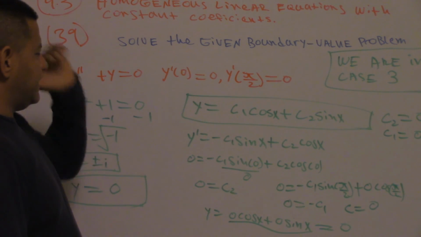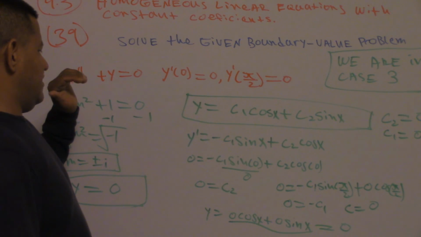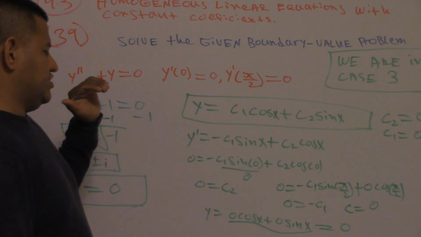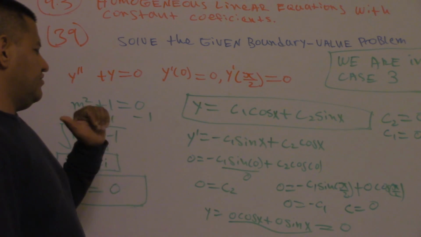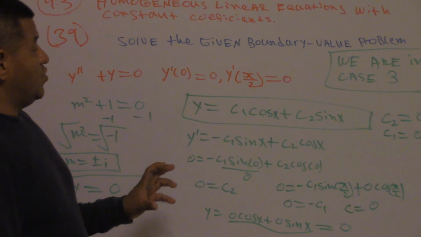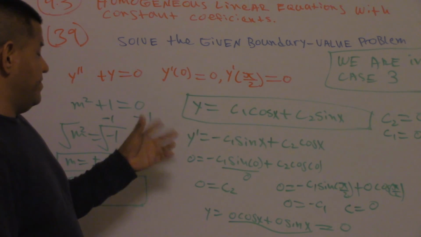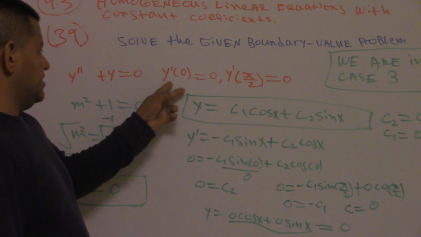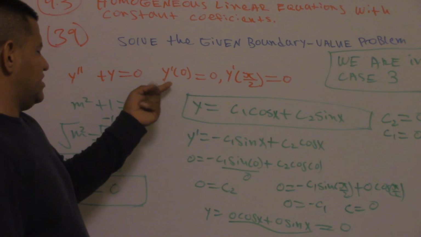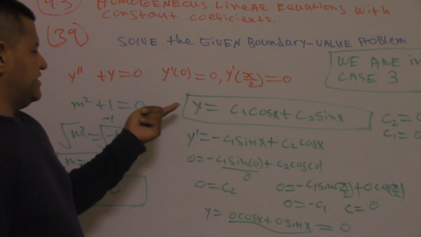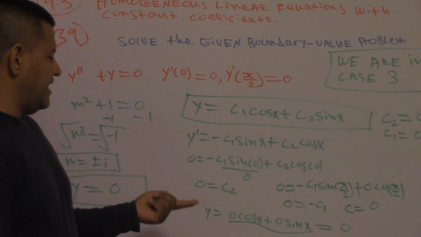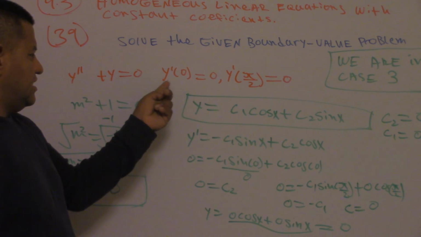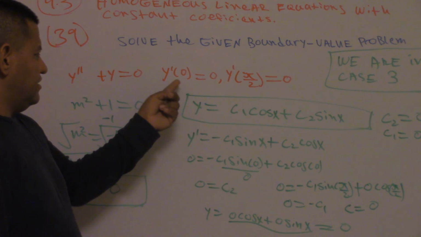After we identify the cases, we find the general solution, and then we substitute the values given in the initial conditions, which in this case means we have to take the derivative first, because both of them involve the derivative.